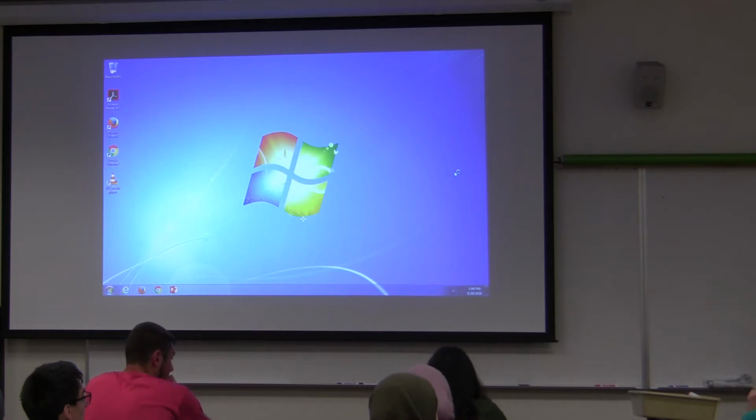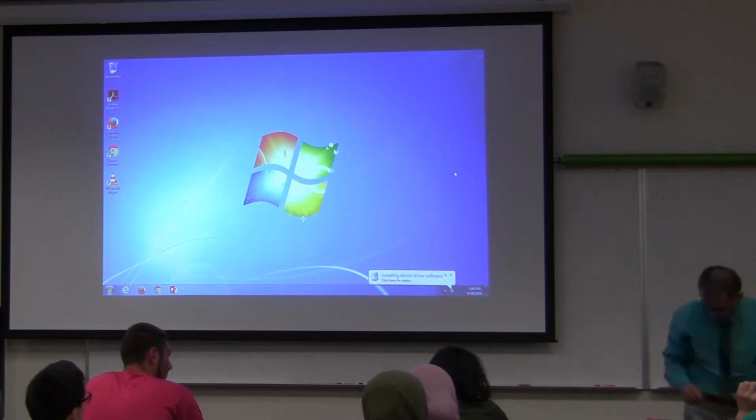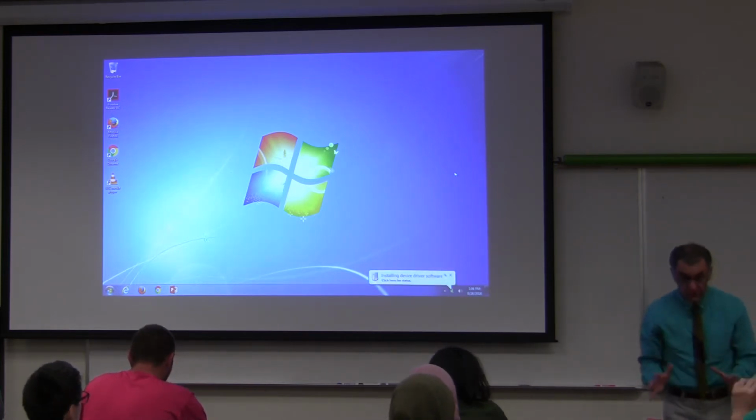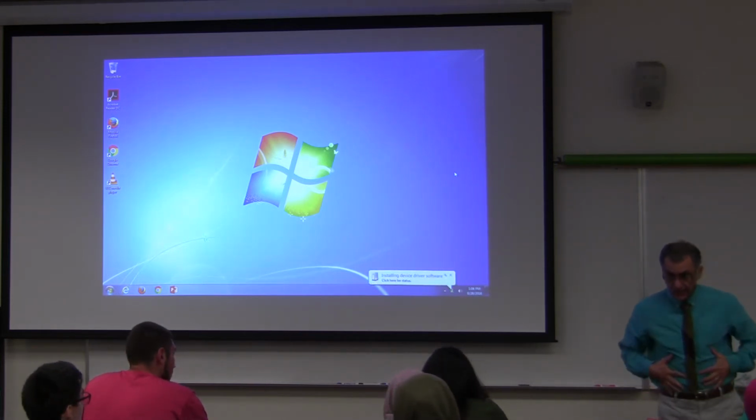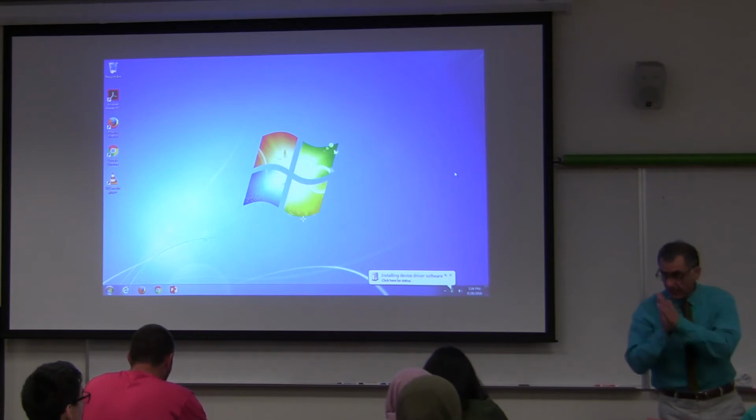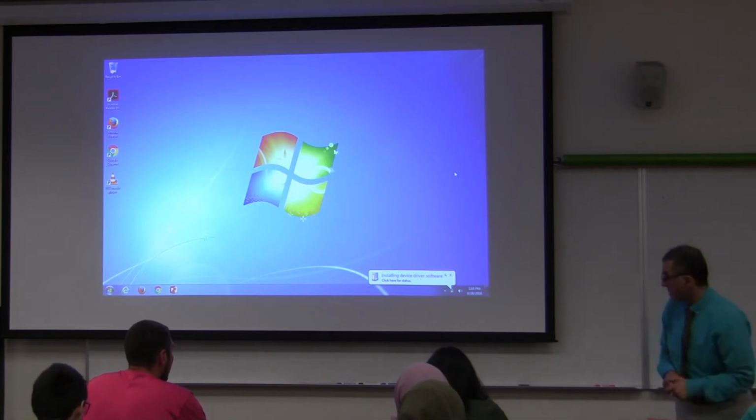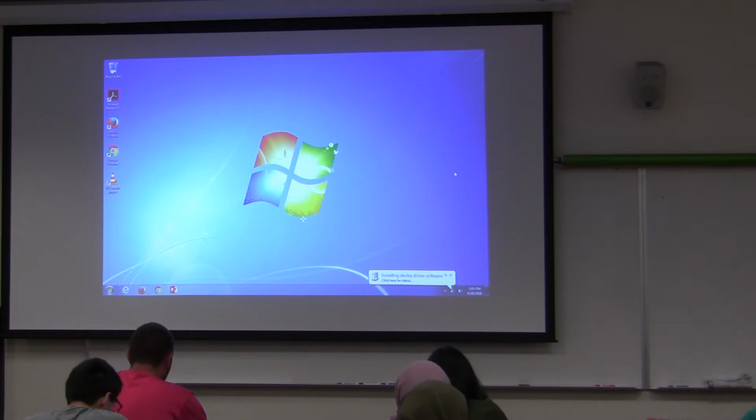The other three that for now we will hang on to: there are three different types of muscles in your body. The first one, let's go with smooth muscle.